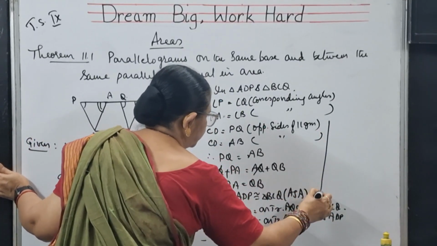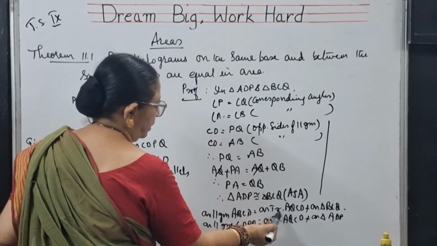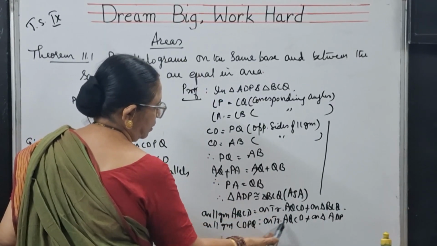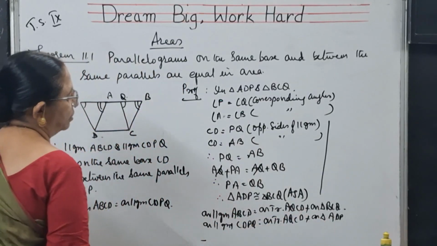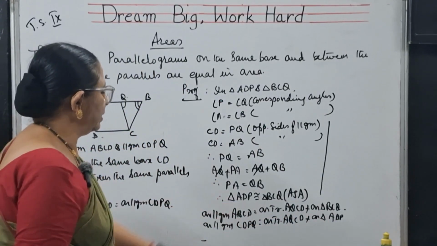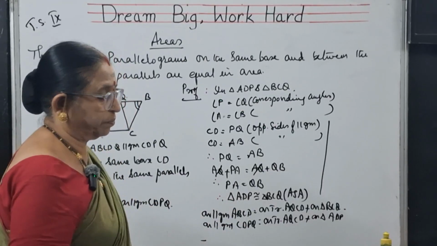See children, in these two cases, on the RHS, trapeziums are same, triangles are also congruent. So RHS in both the cases are equal.